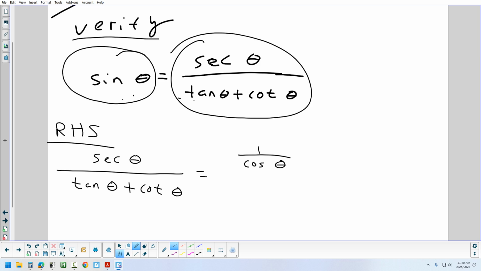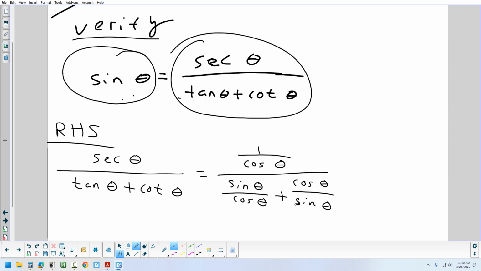Every problem is designed to have stuff cancel out unless you make a mistake. Then it probably won't. Okay, so 1 over cosine. How about tangent? Sine theta over cosine theta. And what about cotangent? Cosine over sine.